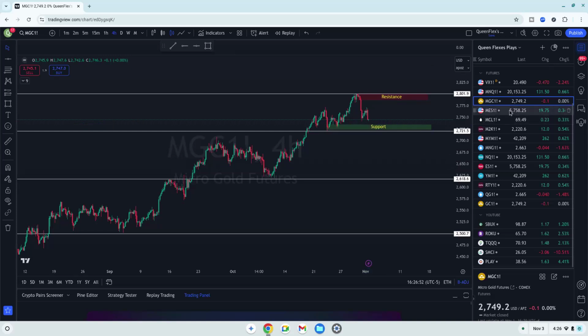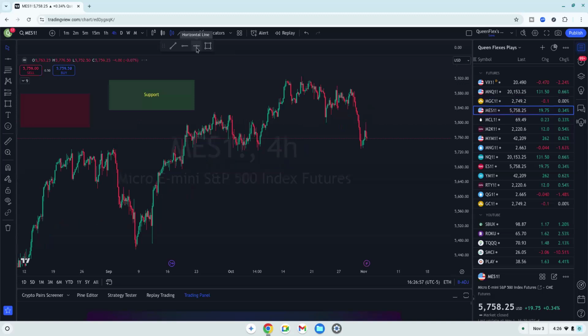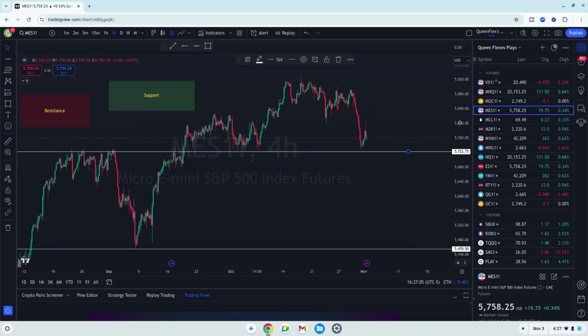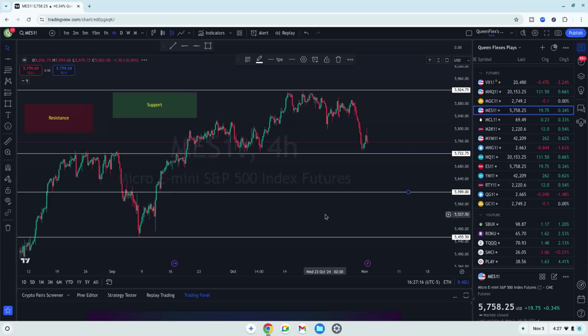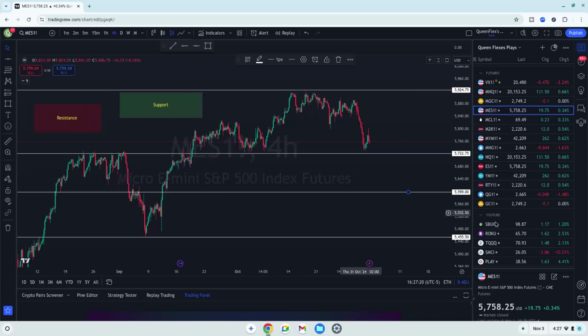All right. Next is MES. All right, so there is MES. Remember, key levels are the white lines that are highlighted. These will be your targets. Next is going to be oil.